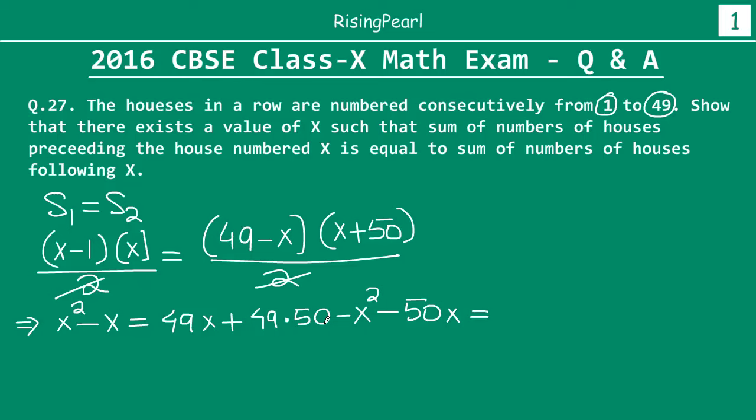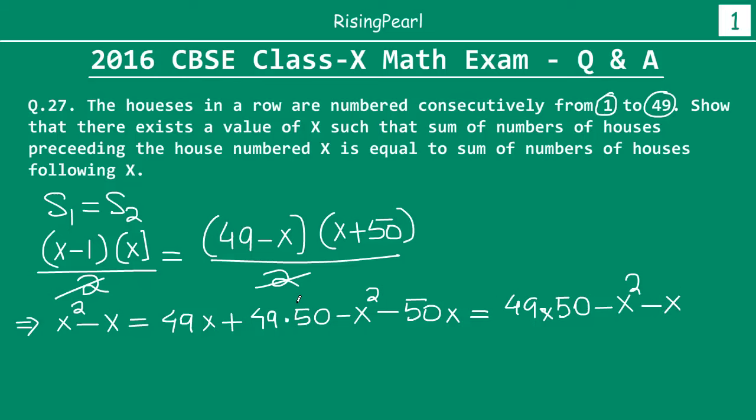If we simplify this a little bit, we have minus x squared, and 49x minus 50x will be minus x. So on this side we will have 49 multiplied by 50 minus x squared minus x. 49x minus 50x is minus x.